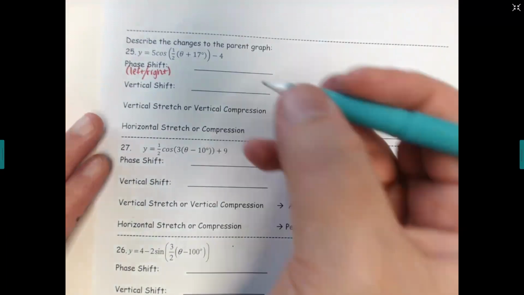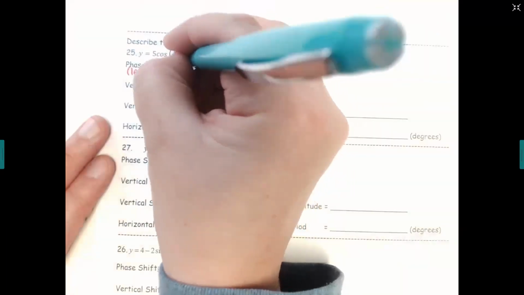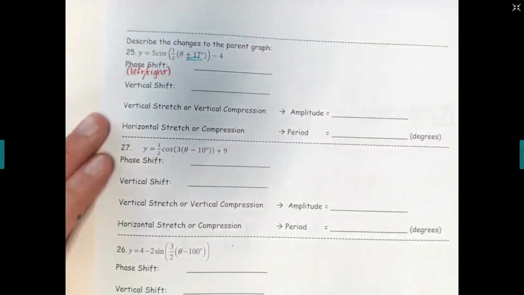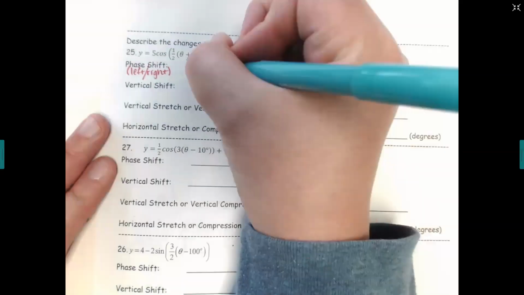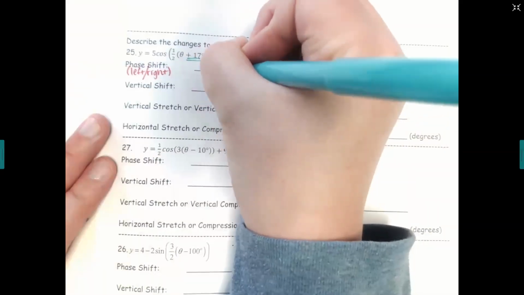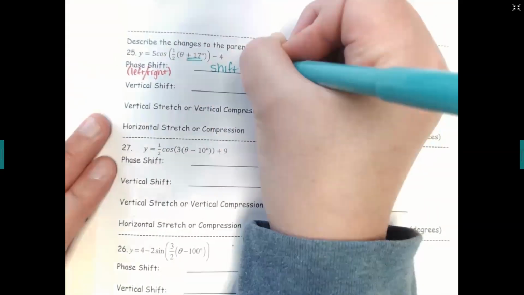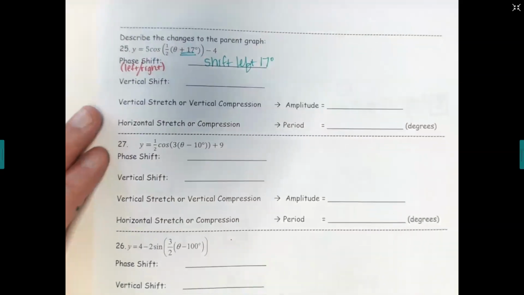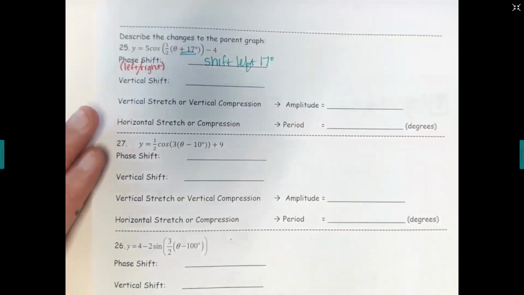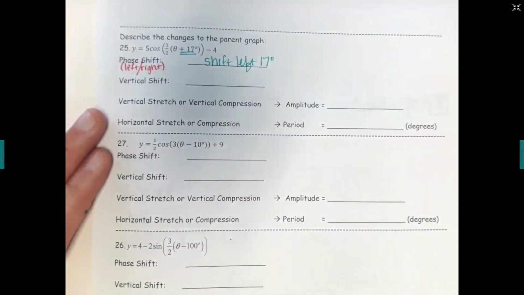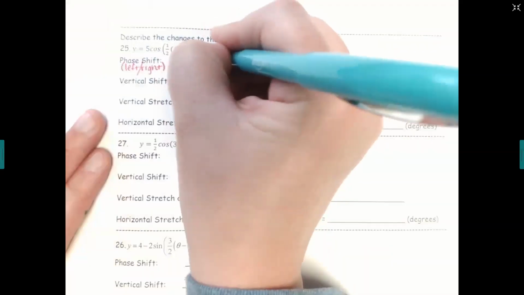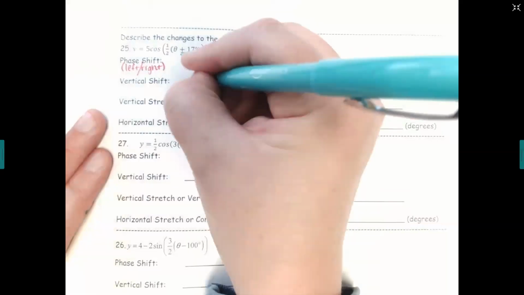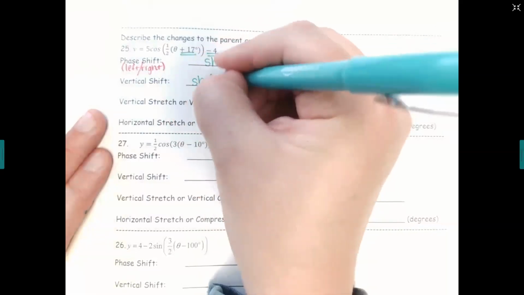It's gonna be the plus 17. And remember that if they say plus 17, which way do we really shift? To the left 17. Shift left 17 degrees. Okay, which number controls shifting up or down? The 4, and if it's a -4, which way are we gonna shift? Okay, down 4.